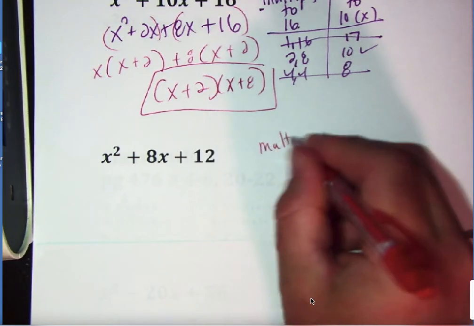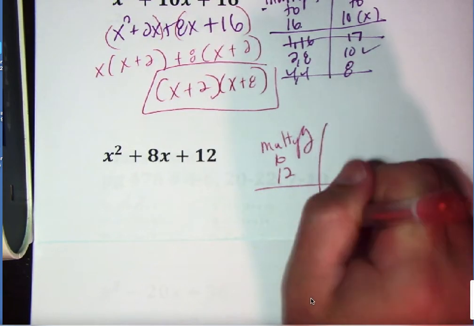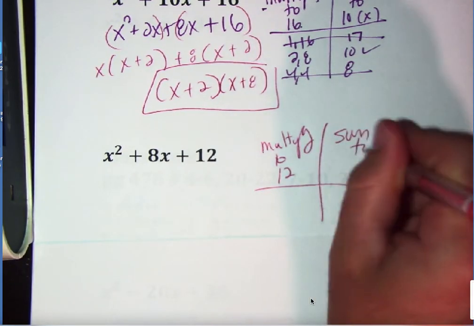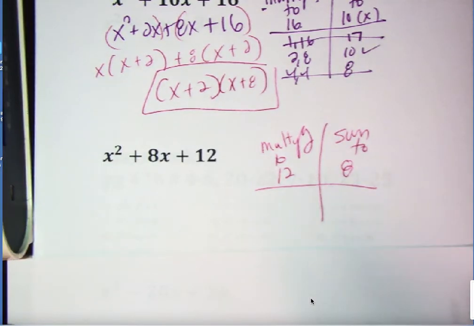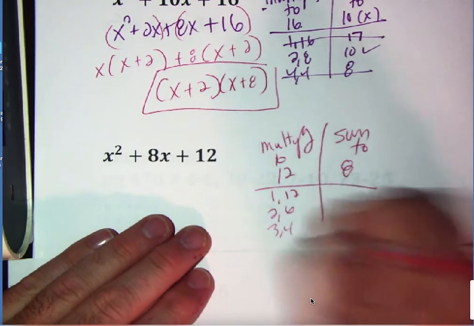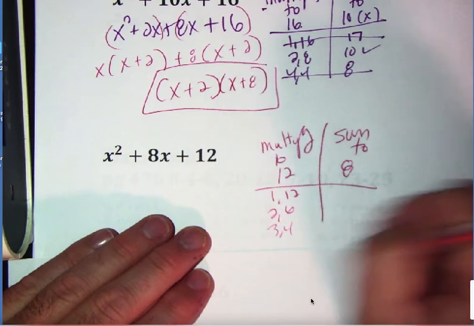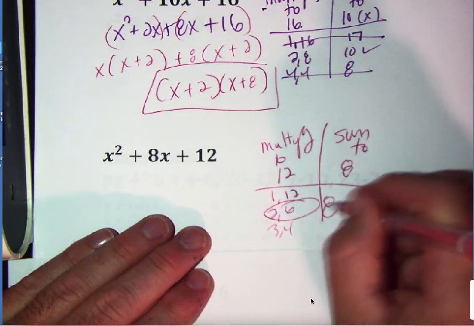Again, we're multiplying to get this 12, and it's the same two numbers that sum to 8. So what could multiply to 12 and sum to 8? You could just list everything. Well, 2 times 6 adds up to 8.